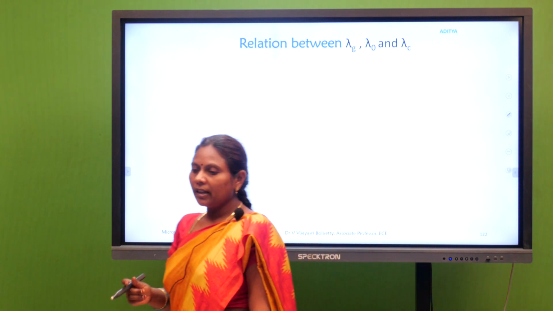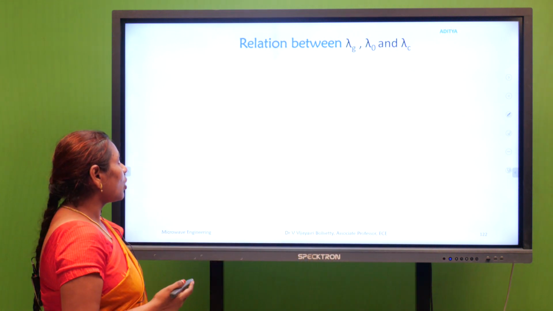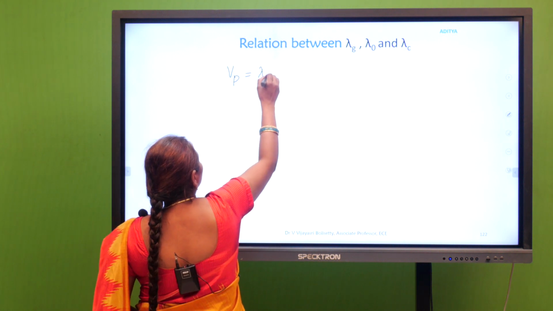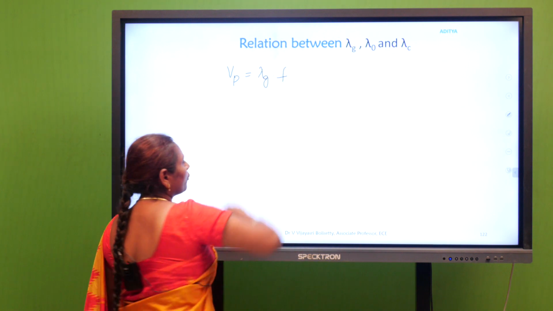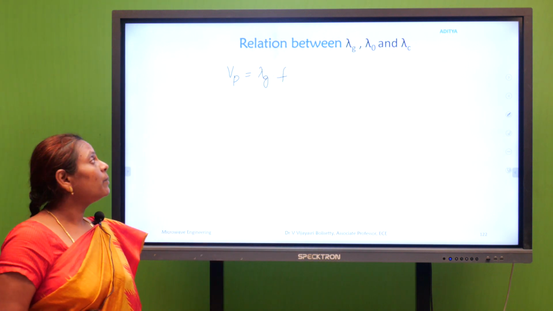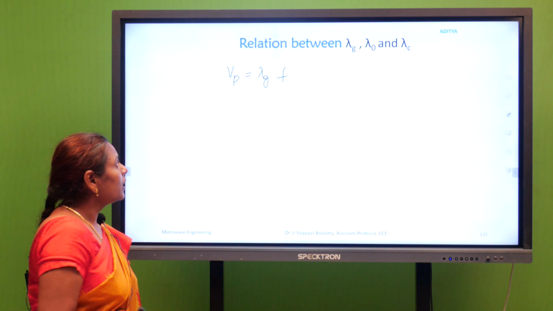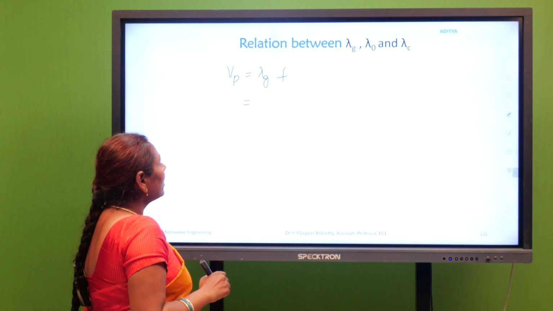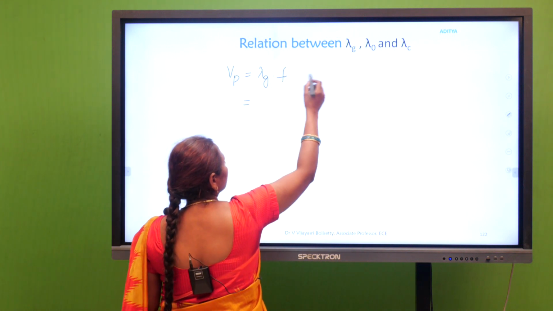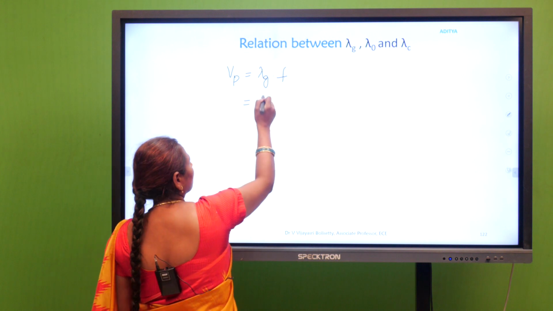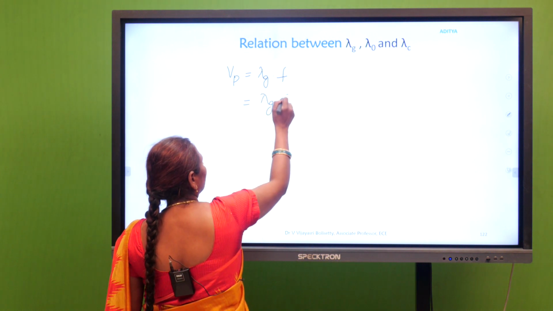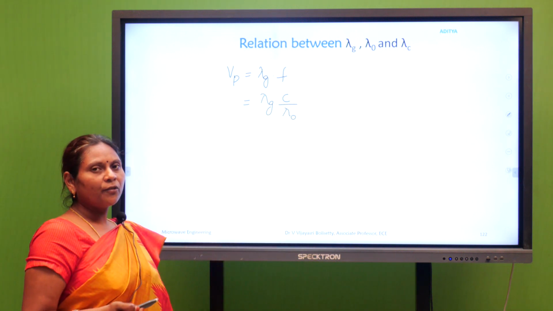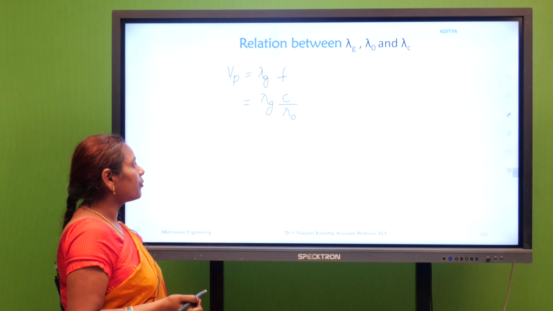We have the relation that the phase velocity Vp is equal to lambda g into f, where f is nothing but c by lambda naught, where lambda naught is the free space wavelength and f is the free space frequency.